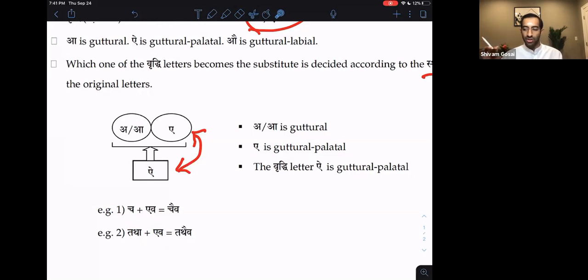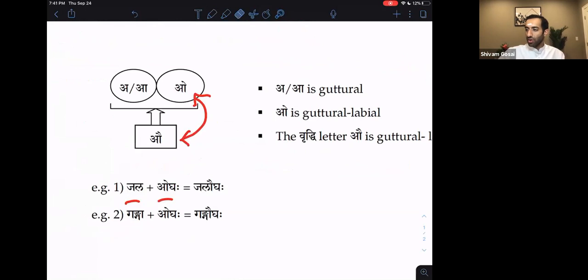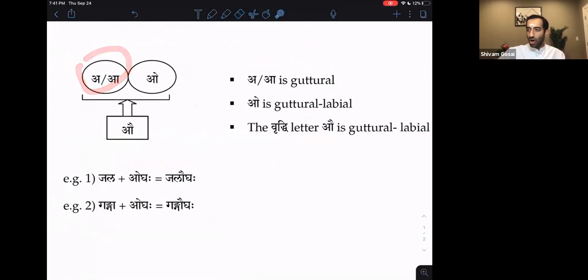Just to remember, what are our vriddhi letters? A, ai, au. Now let's look at the next thing. We're seeing them in order. When I have avarna meeting o, which is one of our diphthongs, both get replaced by au. Ow.